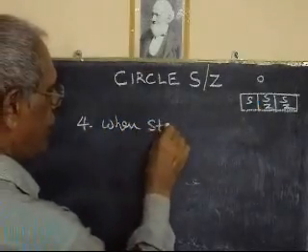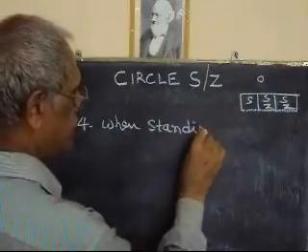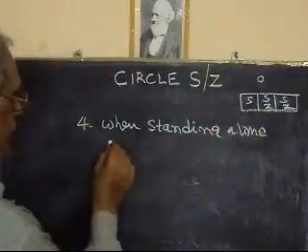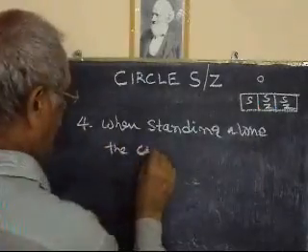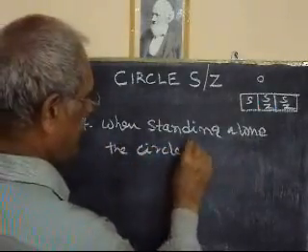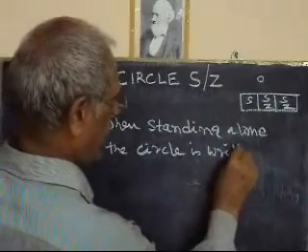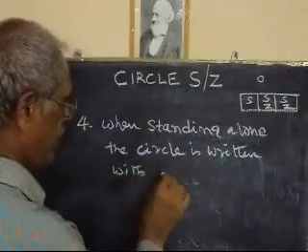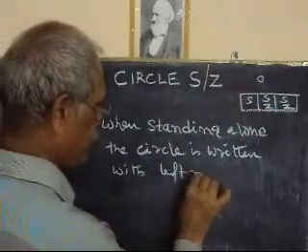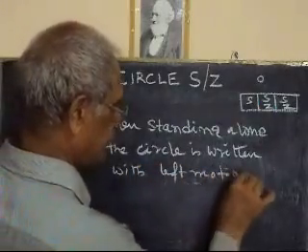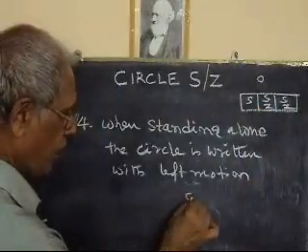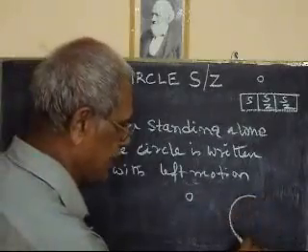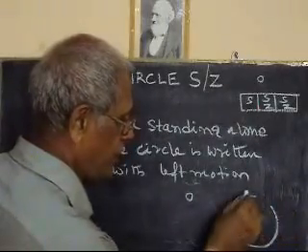When standing alone, the circle is written with left motion, like this. I am showing you in big size, left motion, isn't it?